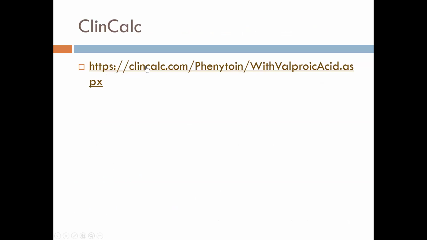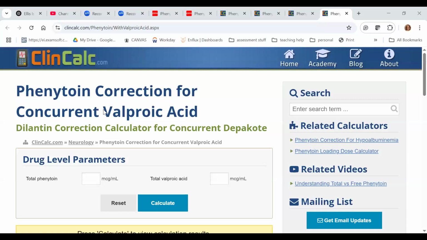So let's do that. I'm gonna click on my ClinCalc and switch my screen here. So now we're on our phenytoin correction for concurrent valproic acid on ClinCalc.